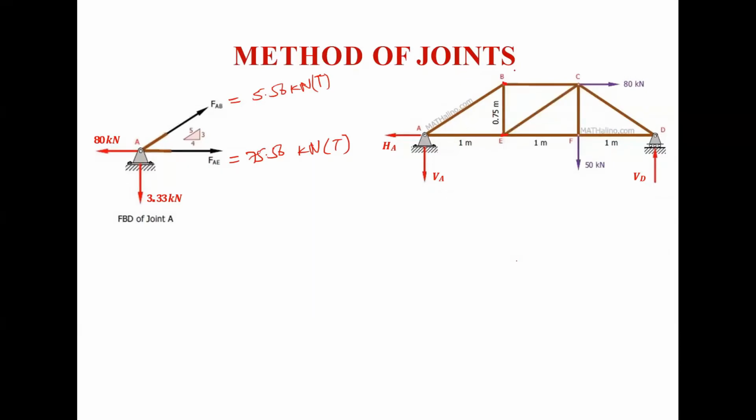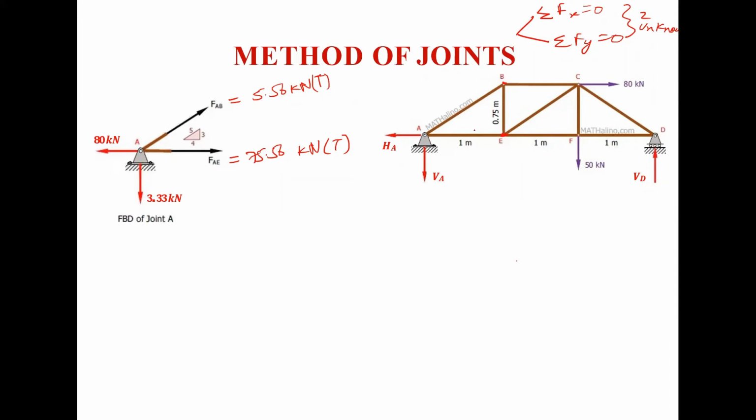So next, shall we draw an FBD of B or E? Which will be better? See, in the method of joints we apply two equilibrium equations: one horizontal force balance equation and another vertical force balance equation. That means we can determine only two unknowns. But at joint E there are three unknowns.